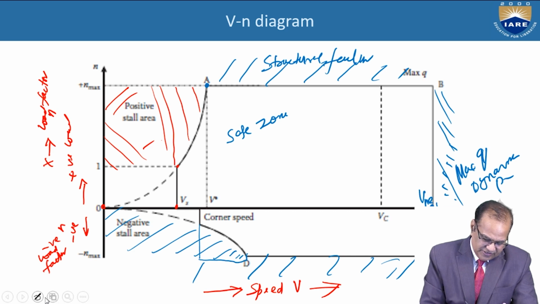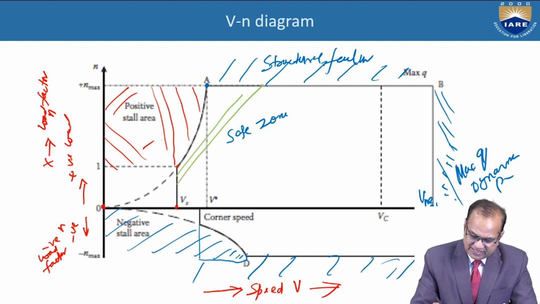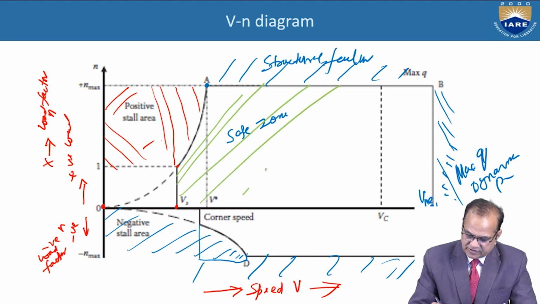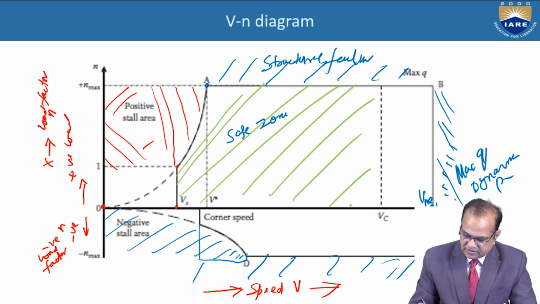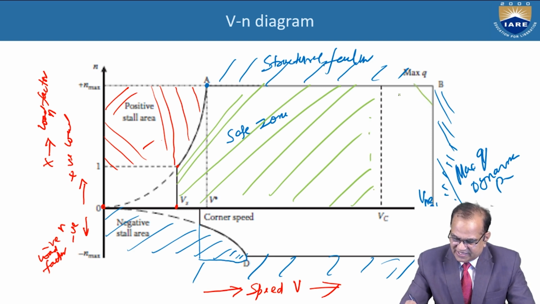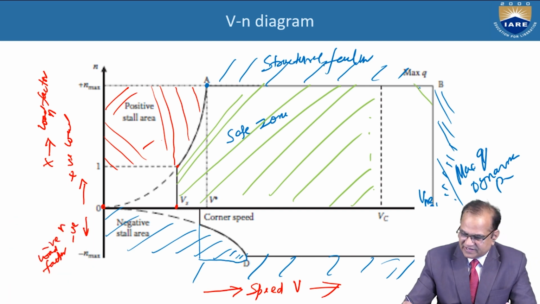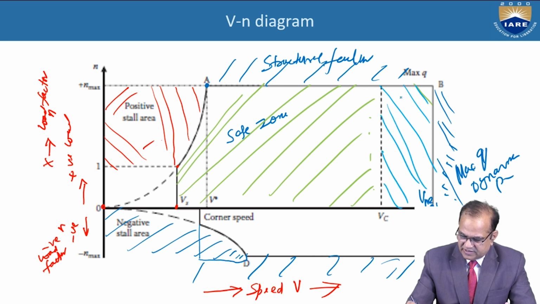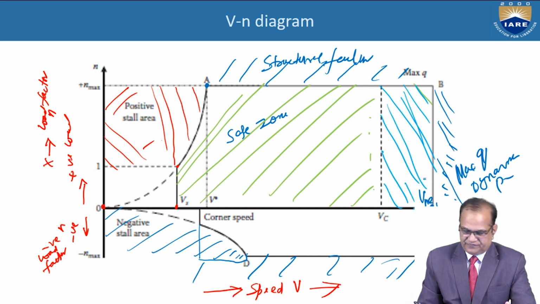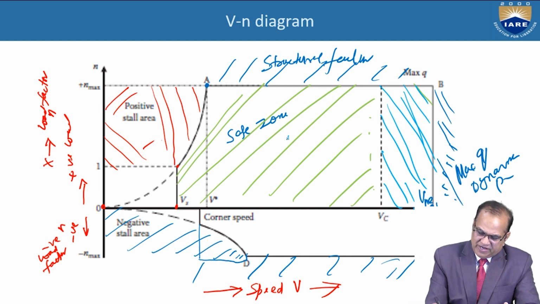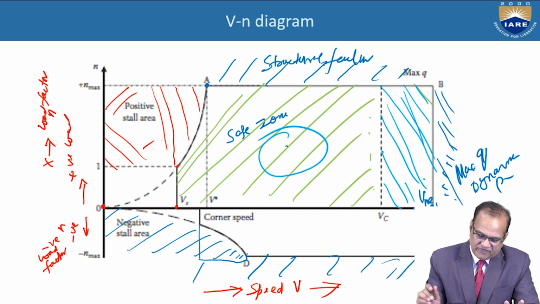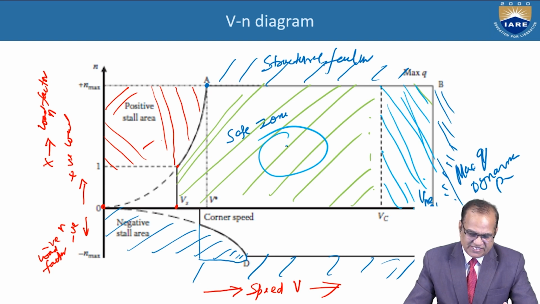I will just draw the green line, so it will be nice if you are flying in this zone, very safe. If you fly in this, not very safe, but you can fly. The very best is this area. If you fly in this, it is very nice.